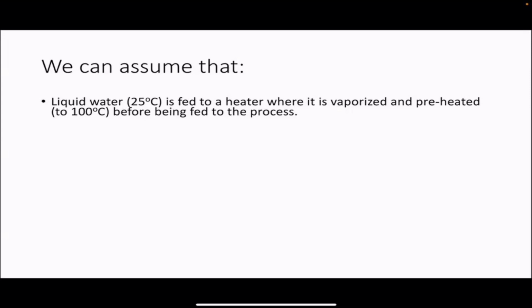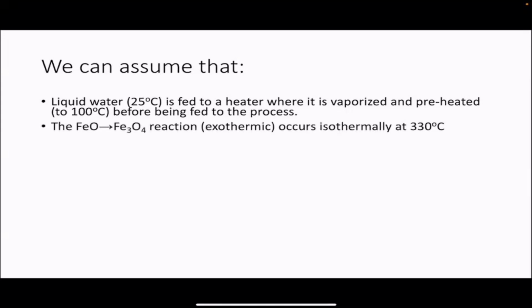So water comes into the solar cycle as steam at 100 degrees C. And before it gets there, we have to do a little heating step to take it from the river or wherever the water comes from to vaporize it, okay?